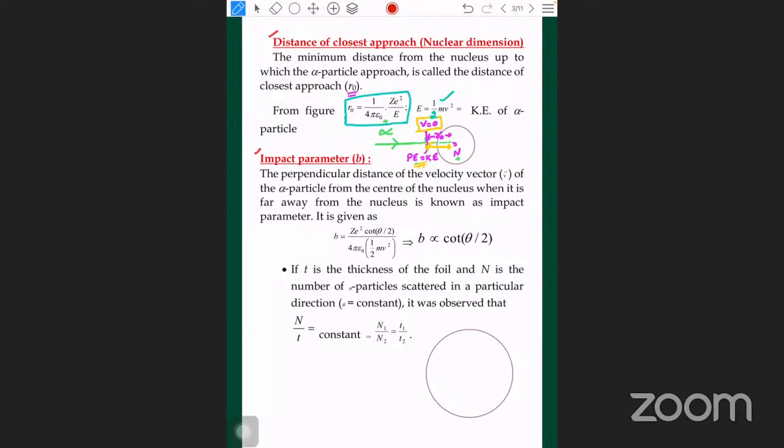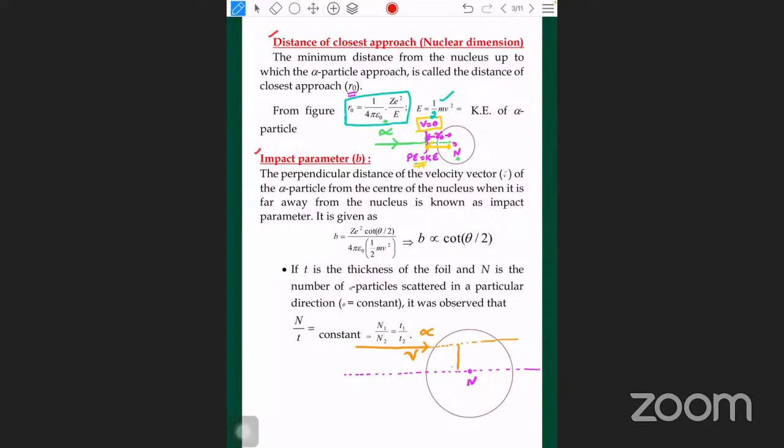So let us consider the central part of the atom as the nucleus. This is the central line of the nucleus. Now I am going to send in the alpha particle with velocity v.